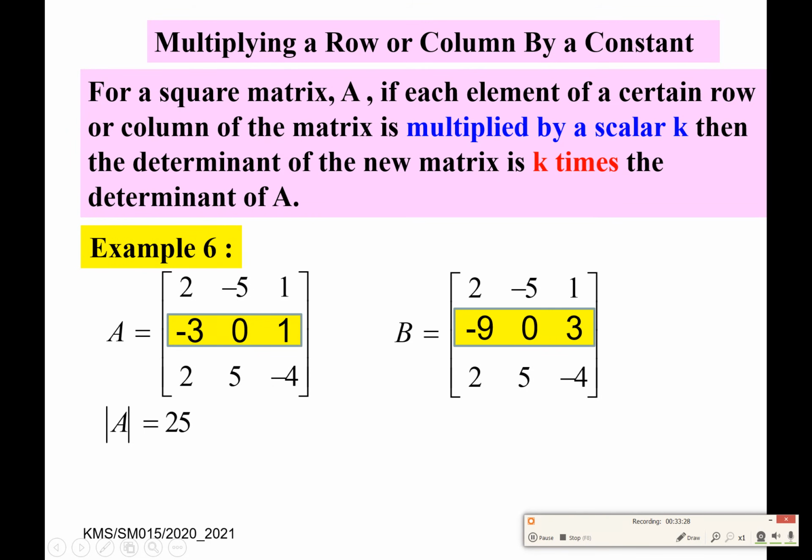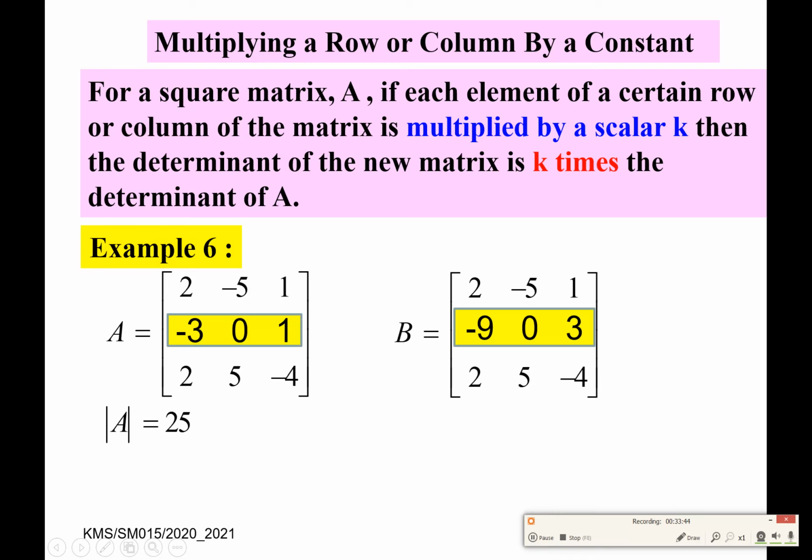Let's go to the next part. This is a basic property of determinant: interchanging two rows, and multiplying a row or column by a constant.